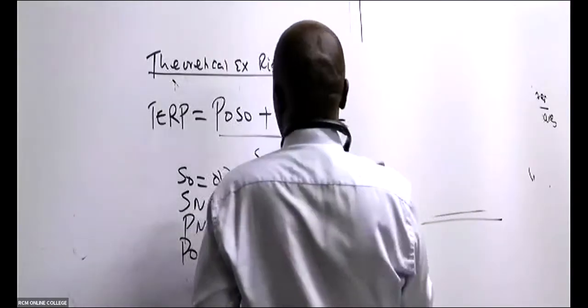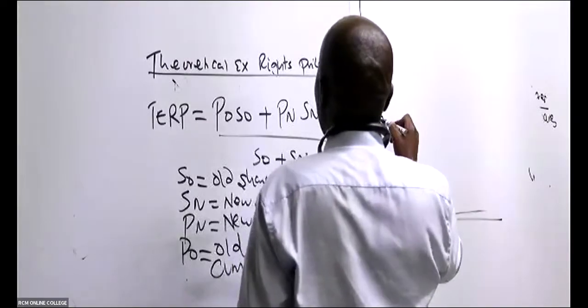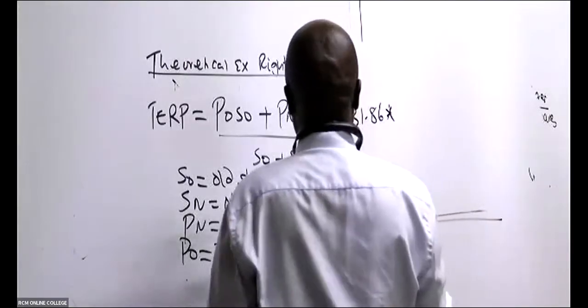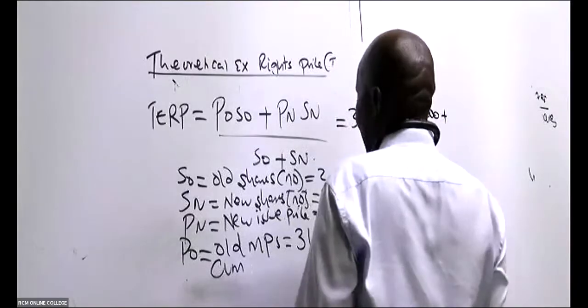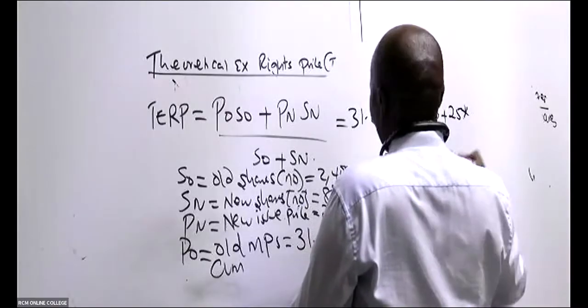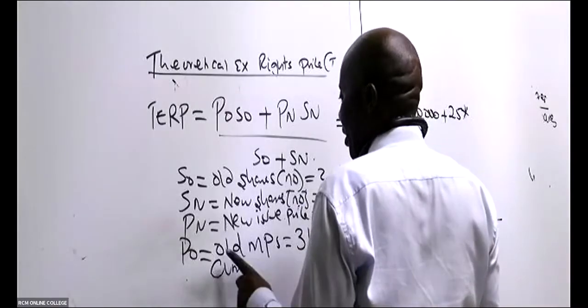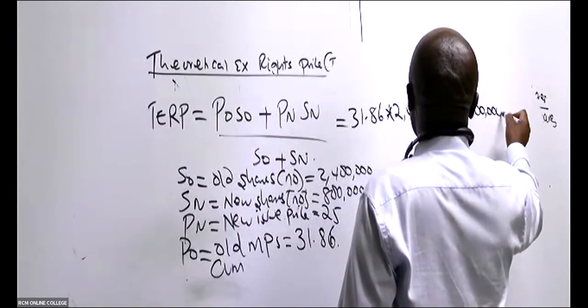So PO, we have here 31.86 times SO, the old one, 2.4 million, plus PN, which is 25, times SN, the new shares, 800,000.